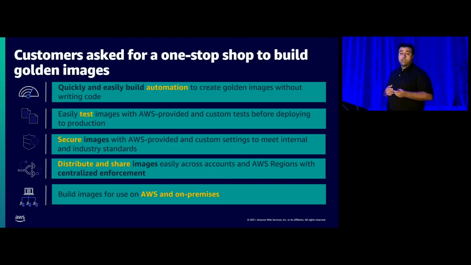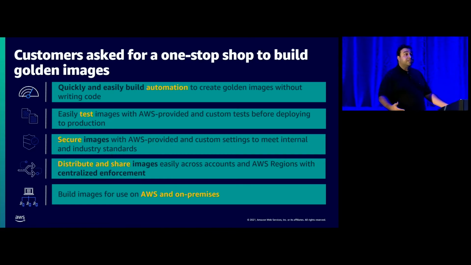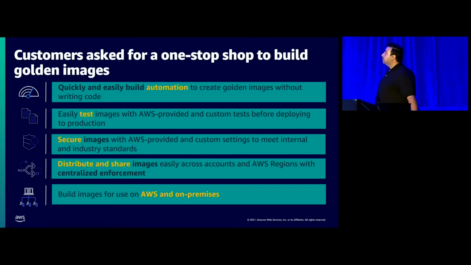Security will be compromised if those routines are not implemented properly on the images. Distribution and sharing of the images will become a hassle on its own if you don't have a good method for that. And naturally, you just want one set of tools to work both on-premises and in your AWS cloud.